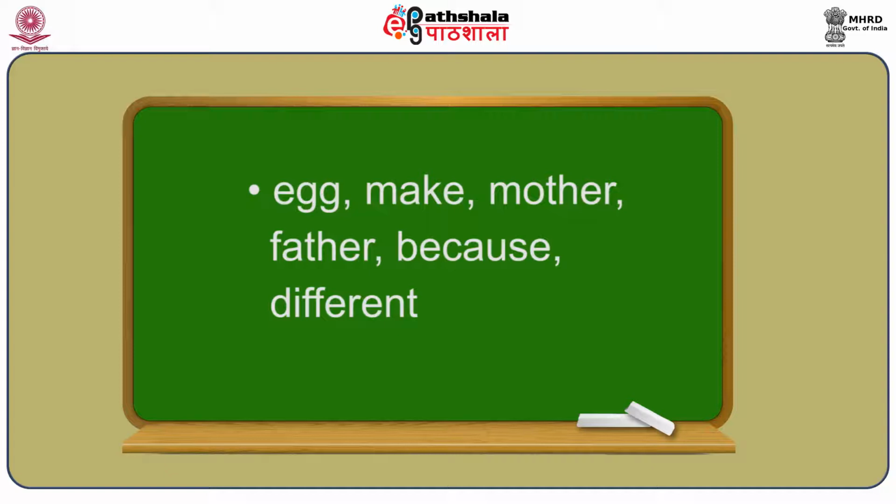Now, if you look at egg, the sound is A. What is the sound of E in make? You can see that the sound of E is 0. There is no sound of E, right? And in mother and father, the sound of E is A. So A, 0, A already.